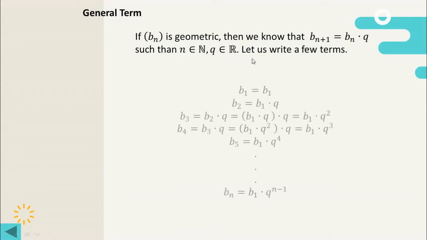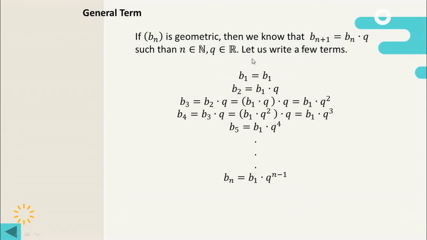Let us write a few terms. If we substitute n with elements of the natural numbers, we get B1, B2 equals B1 times k, B3 equals B2 times k.